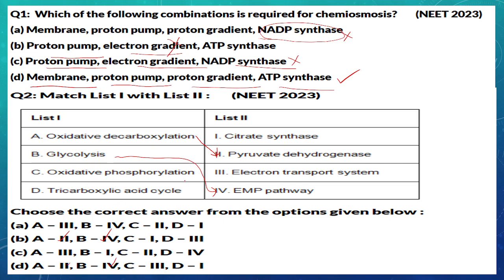Oxidative phosphorylation occurs in C3. Option D, tricarboxylic acid, citrate synthase, D1. So option D is correct.